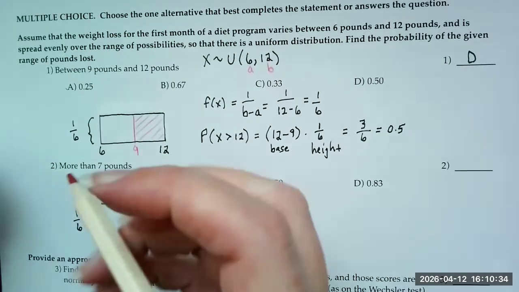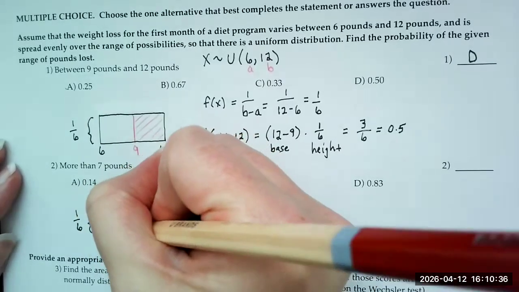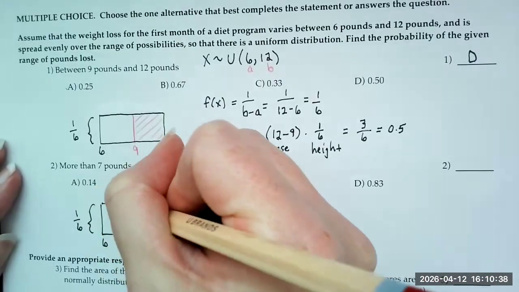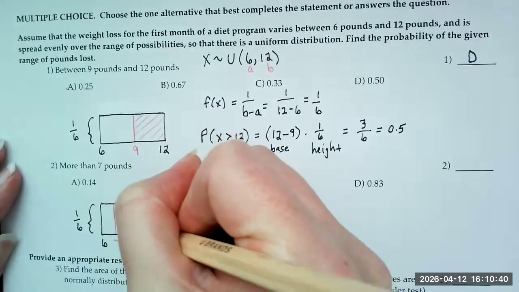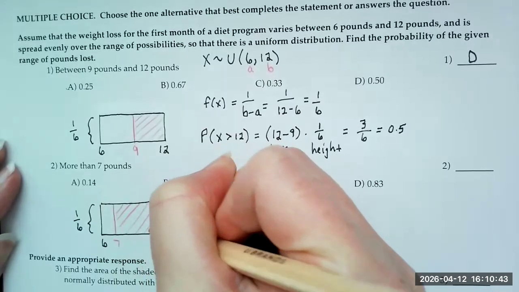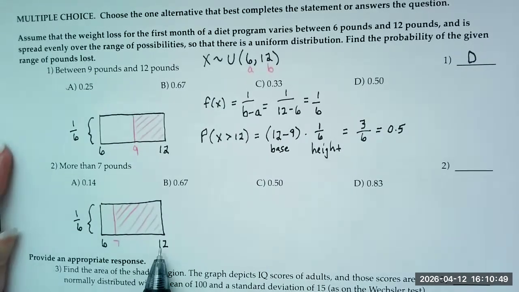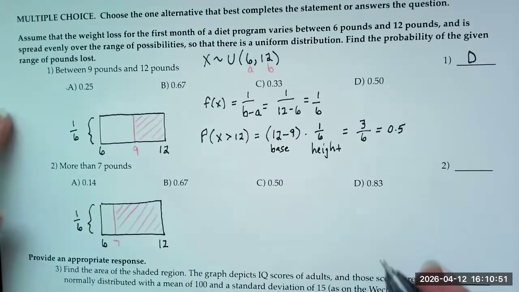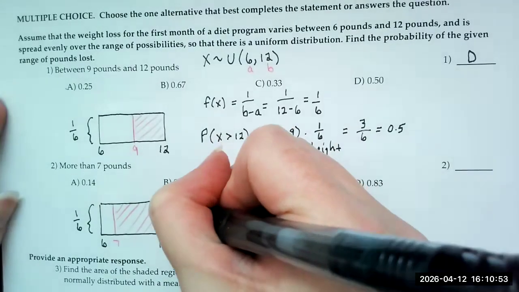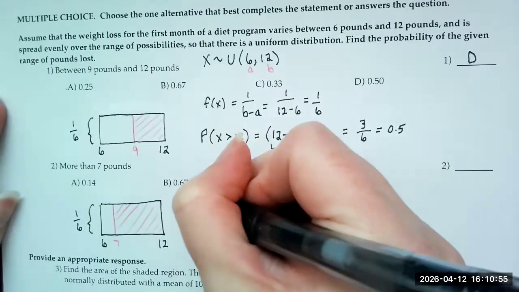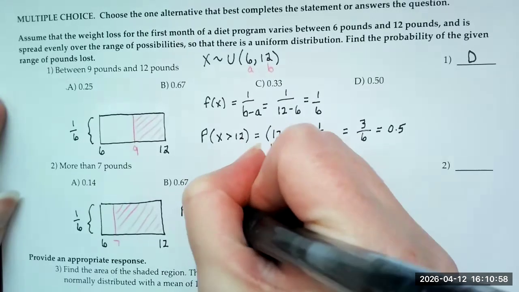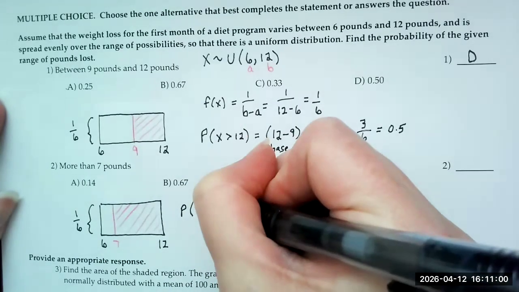So more than 7 pounds is going to be more of this rectangle shaded in. But we're going to do exactly the same thing in terms of base times height. So in this case, the base is the 12 minus the 7. And how I can write the probability is that x is greater than 7.